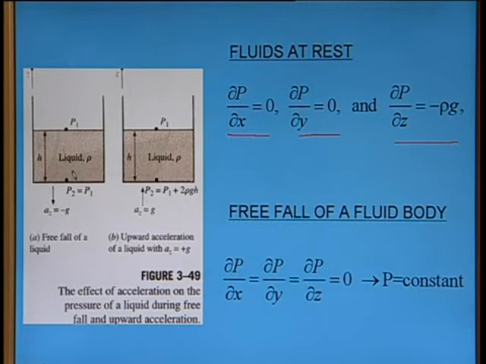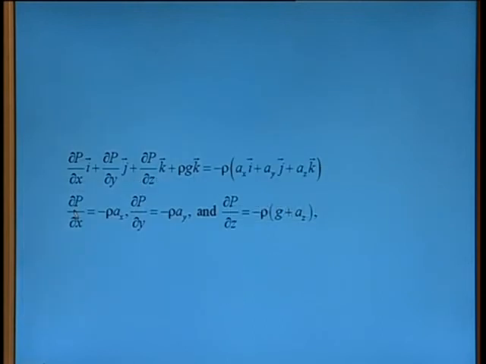What happens to our equations of pressure variation in this case? ∂P/∂x is not being considered here, because the container is falling only in z direction. So we do not have ax, we do not have ay. So ∂P/∂x is equal to 0, ∂P/∂y is equal to 0. Only ∂P/∂z is equal to minus rho (g plus az).